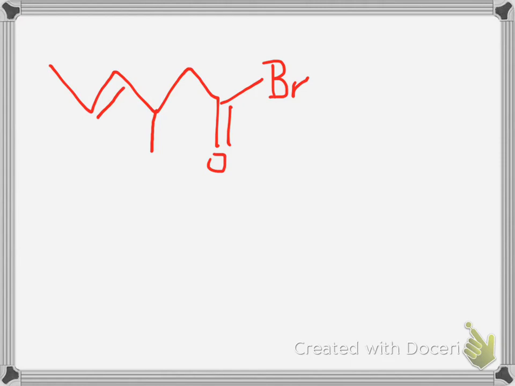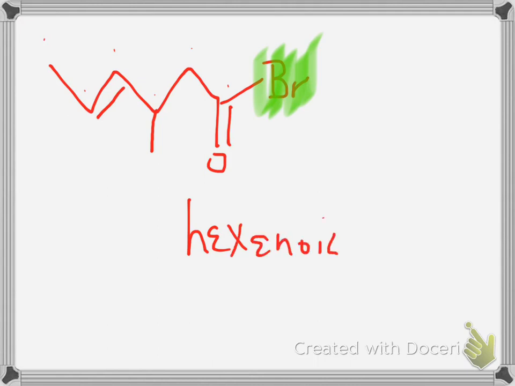Let's do another example. So in this example here, we have another acyl halide. Even though it's got an alkene in it, it's still going to be an acyl halide. Okay, so first off, once again, let's ignore the halogen and name this as if it was a carboxylic acid. And so if we look at that, we see that there's 1, 2, 3, 4, 5, 6 carbons in what would be the carboxylic acid, and there is a double bond, so it becomes hexenoic acid.